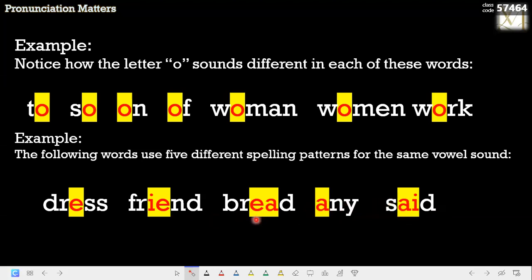If you look at these five words, you will notice all these words have the same sound, but the spelling in each case is different. So we say dress, friend, bread, any, said. All these words have the same vowel sound, but the spelling of this vowel sound is different in each word, okay?